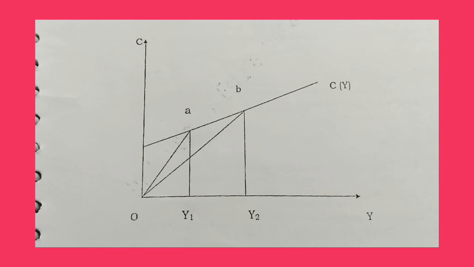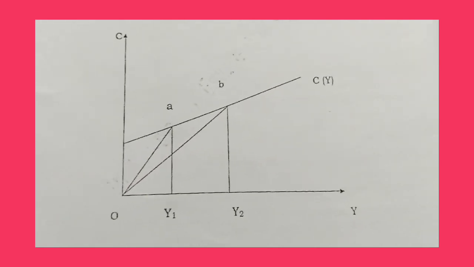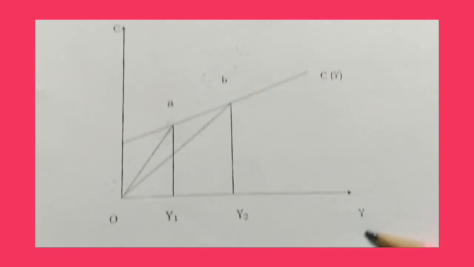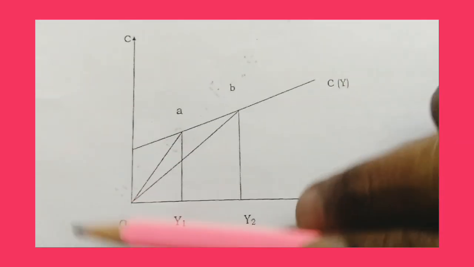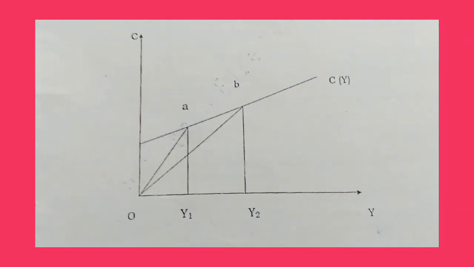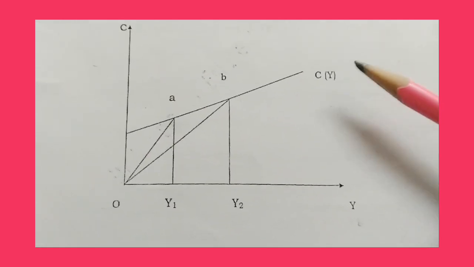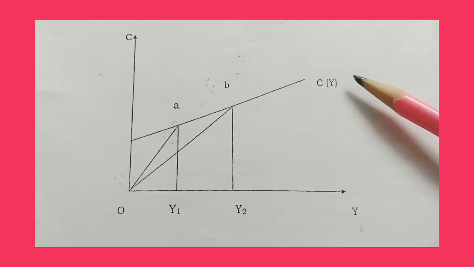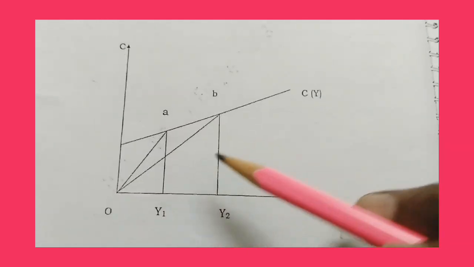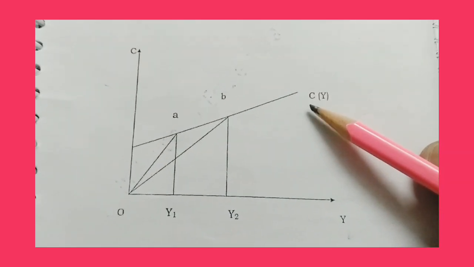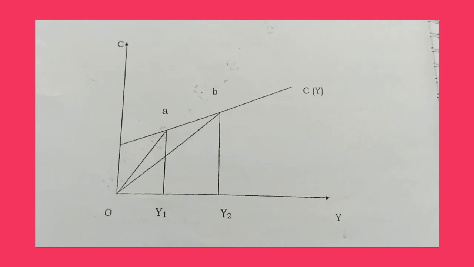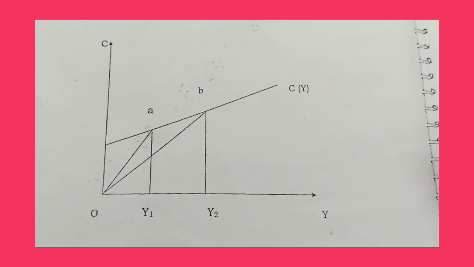Income Y is measured along the horizontal axis and the consumption C is measured on the vertical axis. CY is the line representing the consumption function. The slope of the line is marginal propensity to consume.